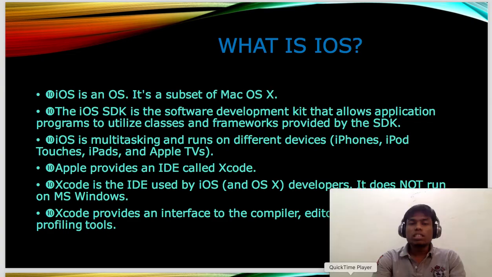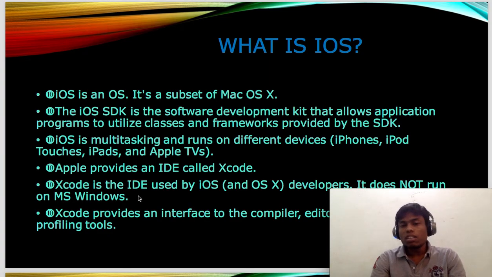So what is iOS? iOS is an operating system. It's a subset of Mac OS X. The iOS SDK is a software development kit that allows applications to utilize classes and frameworks provided by the SDK. iOS is a multitasking device. Apple provides an IDE called Xcode, which I already mentioned, through which we can develop our application.